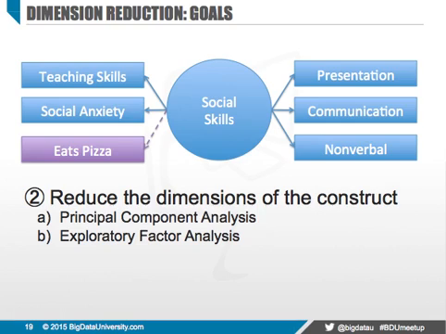And what you're trying to identify is whether those different variables can be represented via just one dimension called social skills. You can imagine that teaching skills, social anxiety, presentation, communication, and verbal will all be good indicators of an individual having good social skills, not necessarily eating pizza per se. So hence you have a dashed line to eating pizza, meaning that we will be dropping that variable and not including it in the dimension.